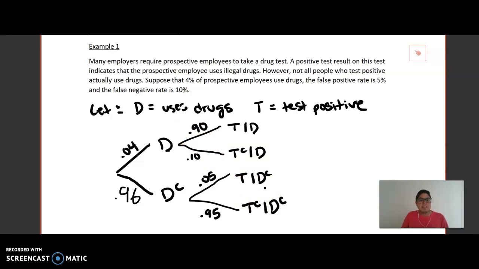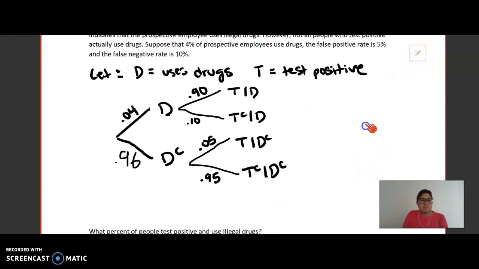So we have our probability tree diagram here, and we see 4 different pathways. They use drugs and test positive. They do not use drugs and they test positive. They do not test positive and they use drugs. They do not test positive and they do not use drugs. So four things going on here.